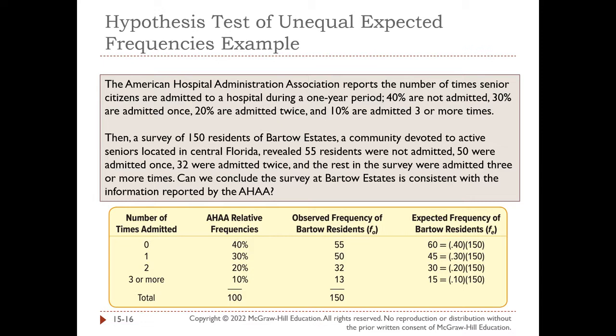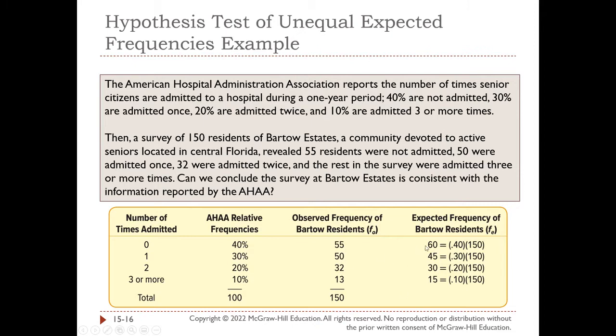Now, the biggest thing that we have to do is take the survey size and multiply it by the percentage that was admitted, and it comes out to these numbers right here. This is our expected. Notice that it's not all equal.